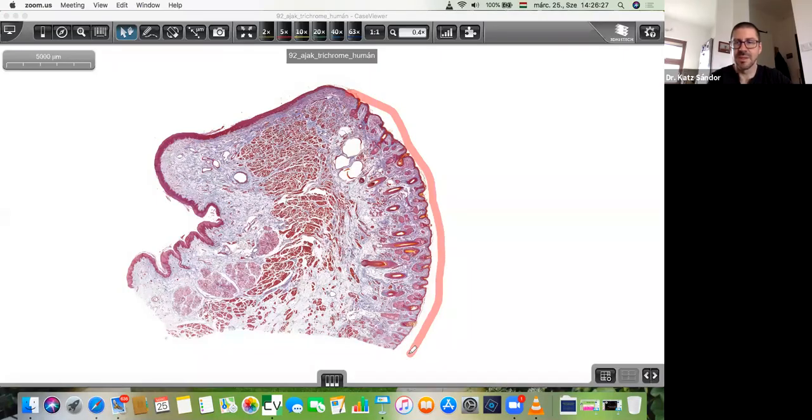This is the mucosal part. Sorry, this is the cutaneous part. It's really easy to recognize because we can see these circular or conical shaped structures. They are the hair follicles. So this is the cutaneous part.